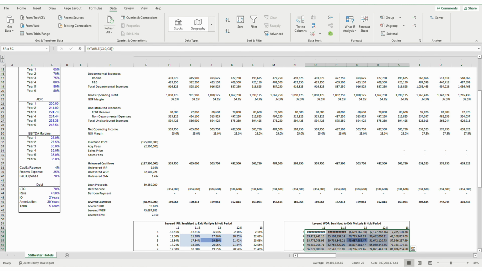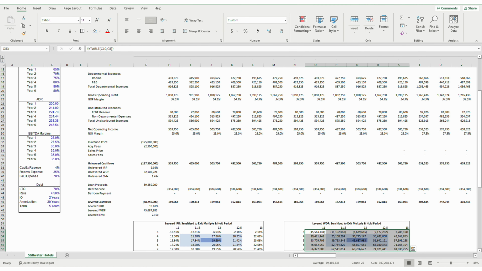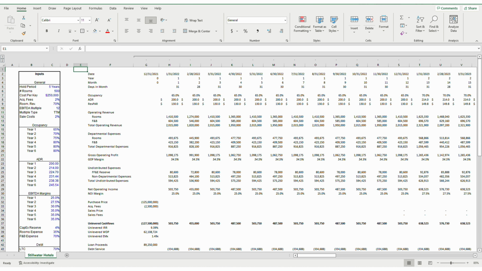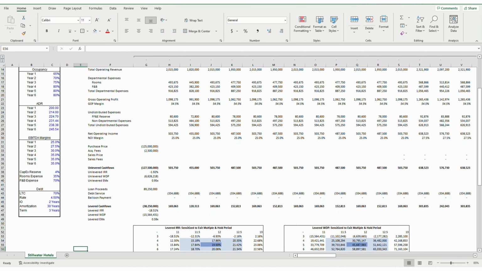And I need to just change the percentages into numbers. And this is the beauty of data tables. Changing my exit multiple to 11 and hold period to 3, we see that our returns are the same exact returns as calculated in our sensitivity table.